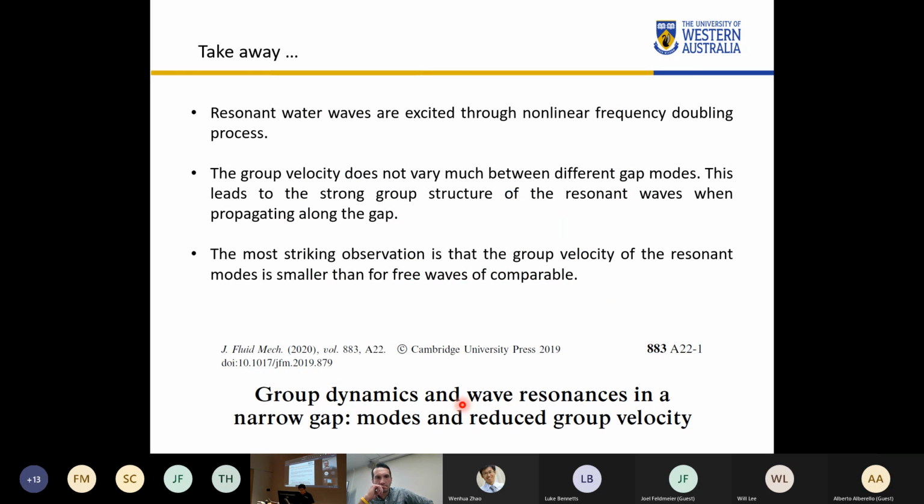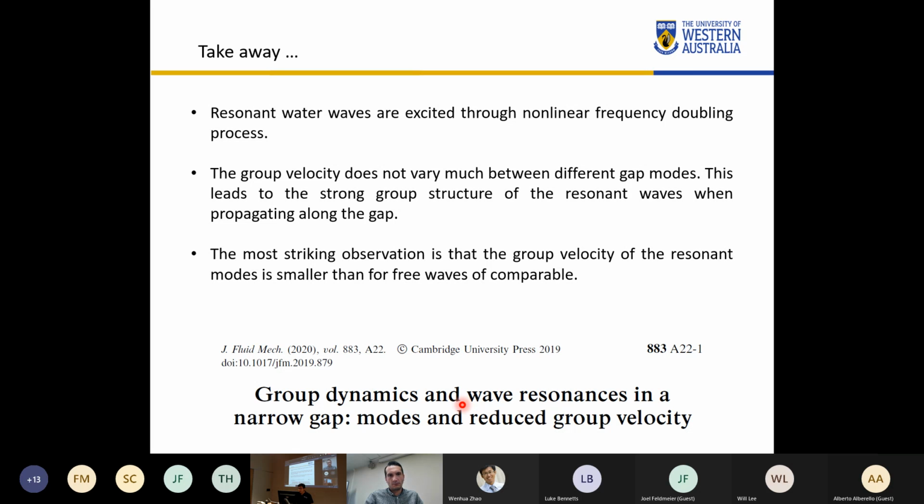If I summarize today's presentation, I showed some results demonstrating that water waves can be excited through a nonlinear process, for example the frequency doubling process.